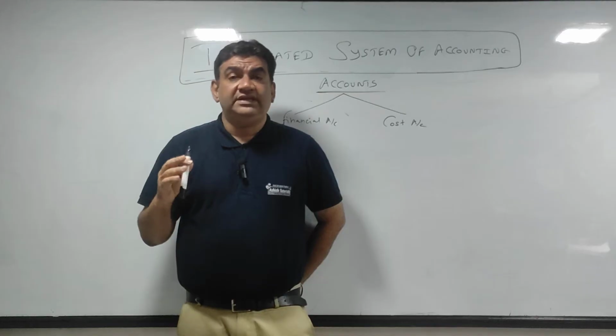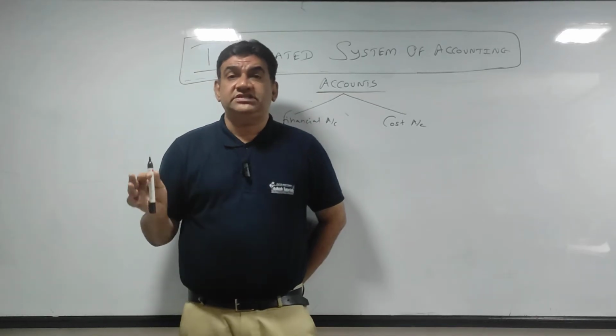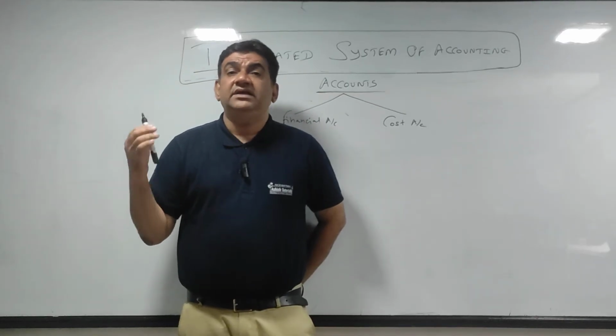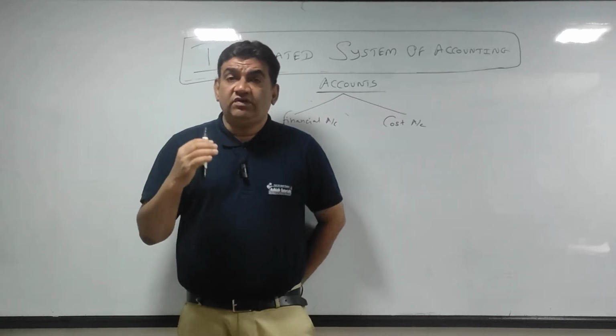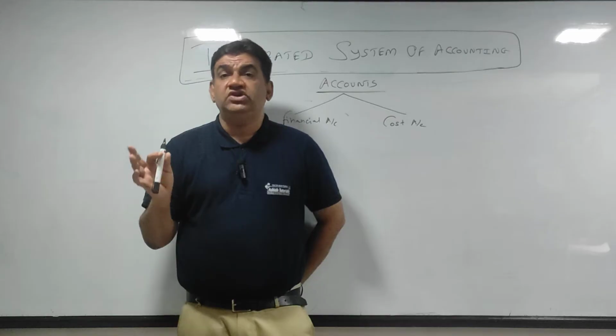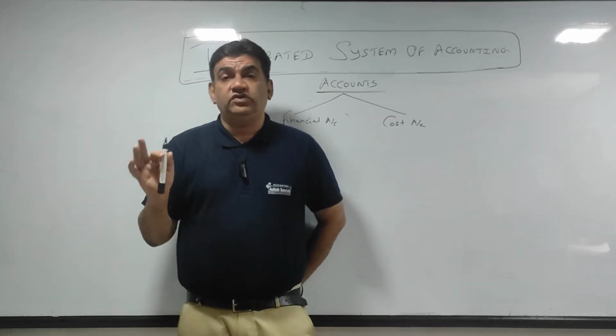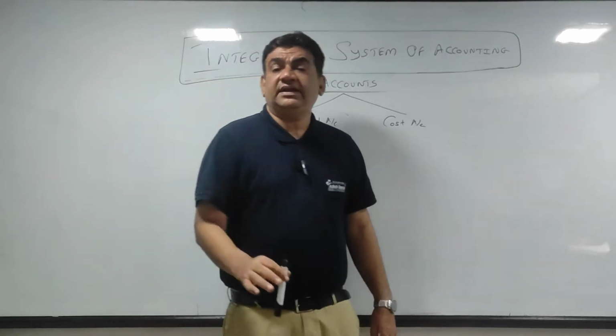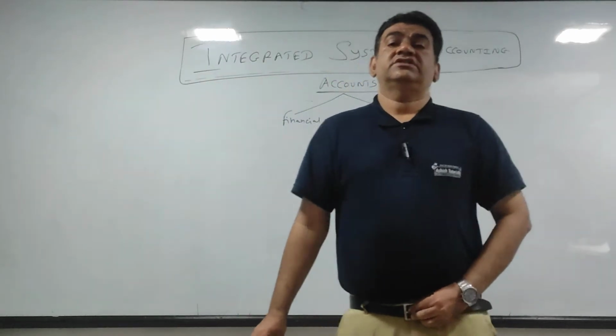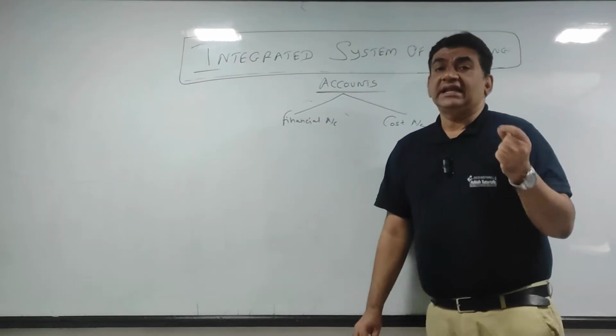When you have a factory, you buy material. I'll show you the process also in some time. You buy material, you incur wages, you incur factory expenses, you incur office expense, you incur selling expense. All that are a part of cost of product. So in cost accounting there is a separate recording of transactions which are purely related to cost.